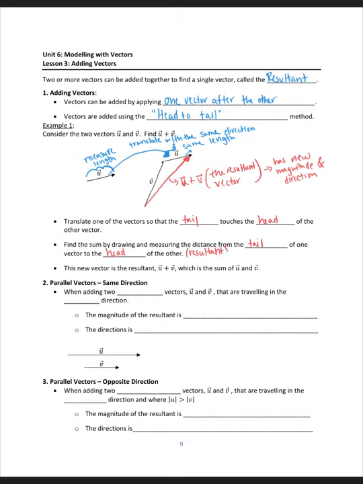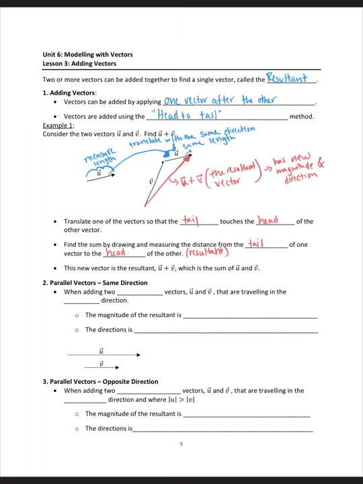That's that straight line segment we just drew from the tail of vector v to the head of vector u. So the new vector is the resultant, u plus v, which is the sum of vector u and vector v. Okay, so we're going to actually get in exploring how to do this. We're not going to do too much measuring for the sake of this curriculum. We're going to use more trigonometry, but that's the idea behind where those magnitude lengths come from.